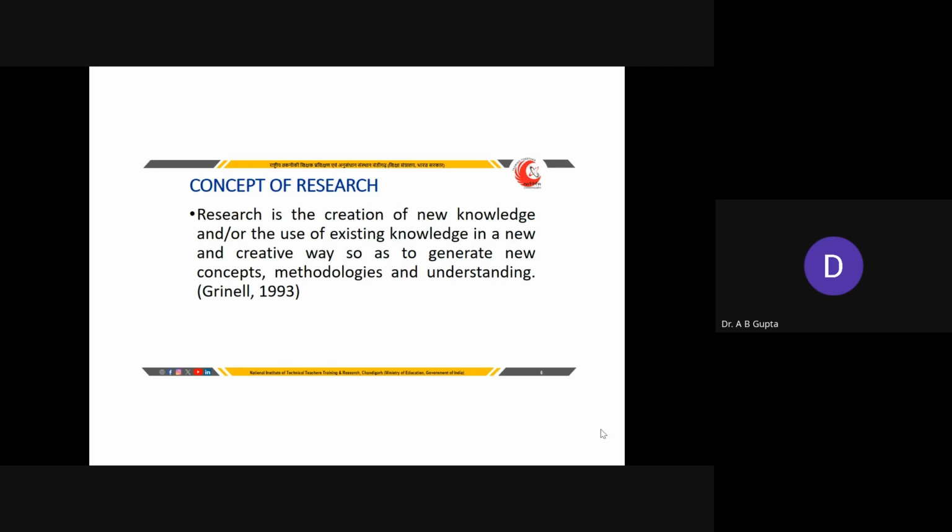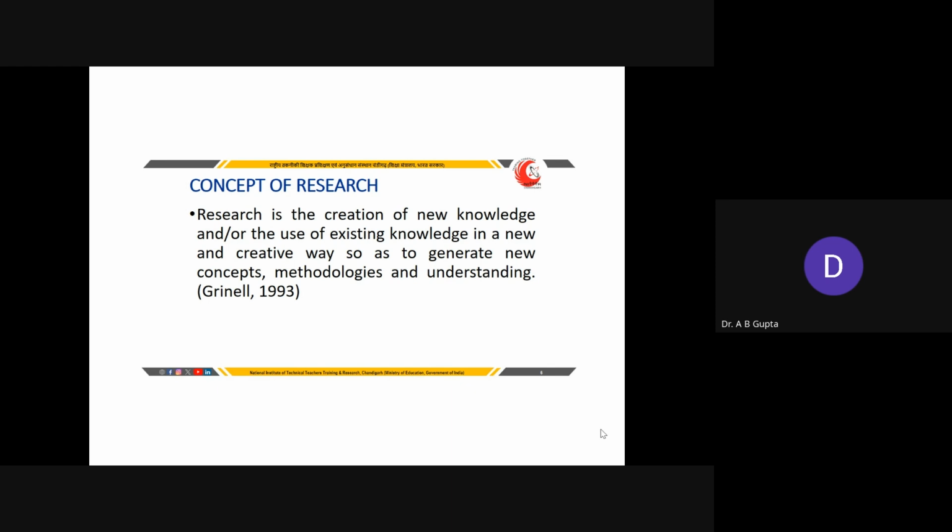Let us go to another definition of research, given by Grinnell in 1993. Grinnell, again, a very famous researcher. According to Grinnell, research is creation of new knowledge and use of existing knowledge in a new and creative way so as to generate new concepts, methodologies, and understanding.